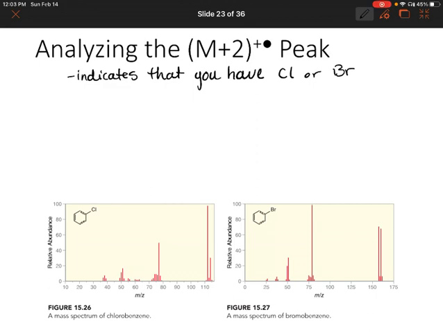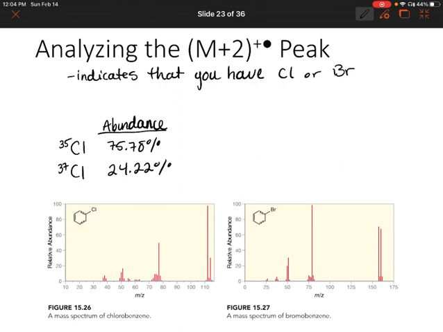For chlorine, we have chlorine 35 and chlorine 37. If we look at their abundance values, chlorine 35 is 75.78% abundant. Chlorine 37 has an abundance of 24.22%. Now, if we look at the ratio of those two, it's about 3 to 1.